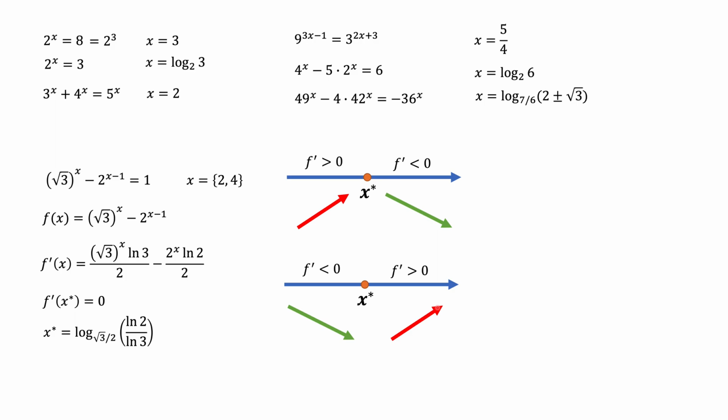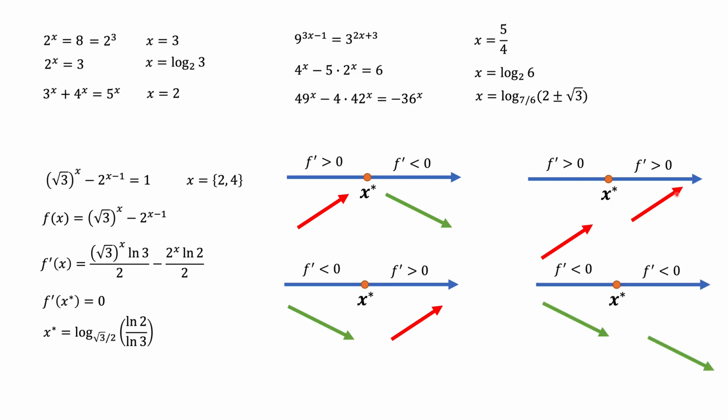The third scenario is when the derivative is positive to the left and to the right of this point x star. In this case, in both of these intervals, the function is increasing. And the last case is when the derivative is negative, both left and right. In this case, the function is decreasing in both intervals.